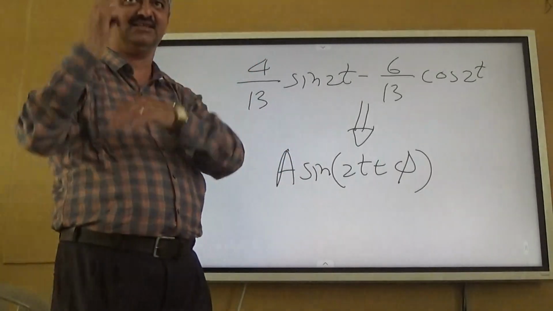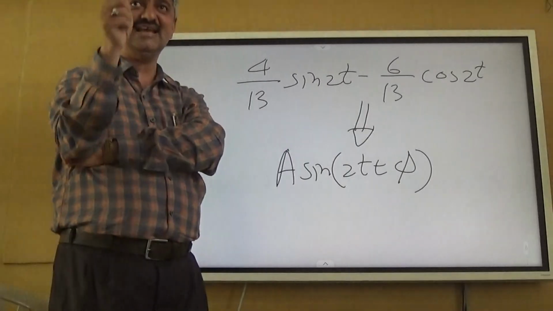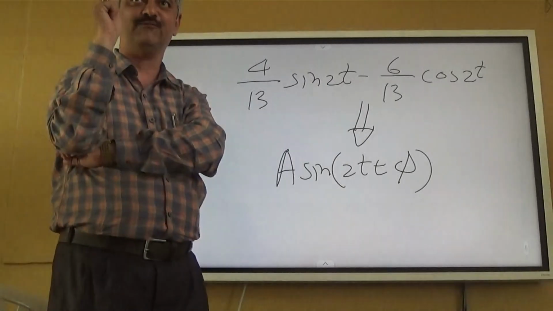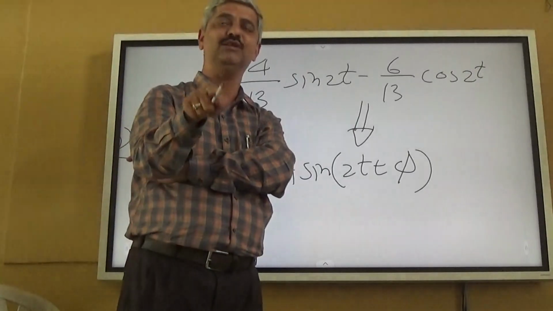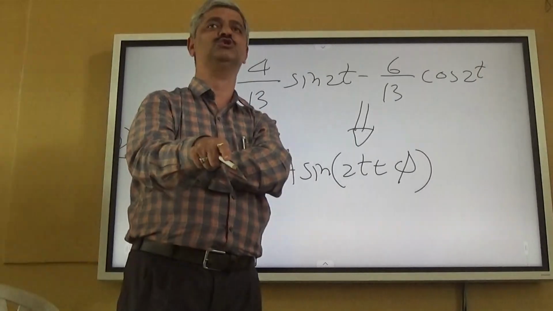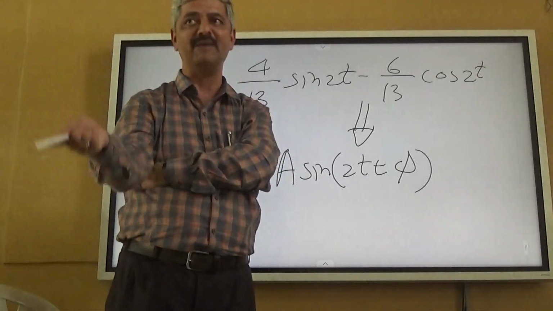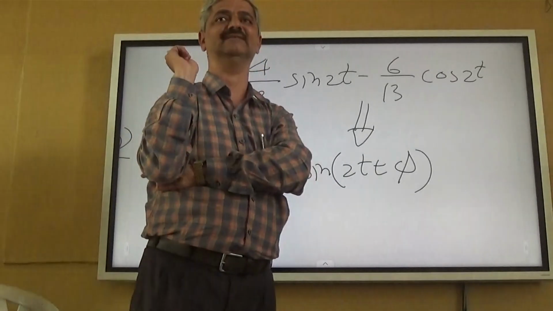The idea is summation of two sinusoids of same frequency. Summation of two sinusoids of same frequency of different amplitudes and different phases is always a sinusoid of some amplitude and some phase of the same frequency.